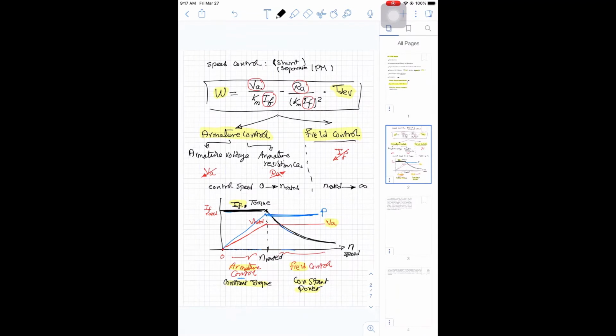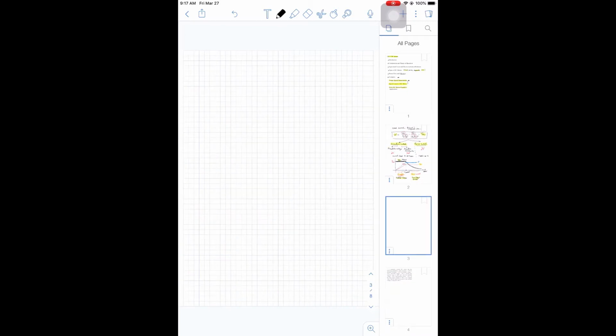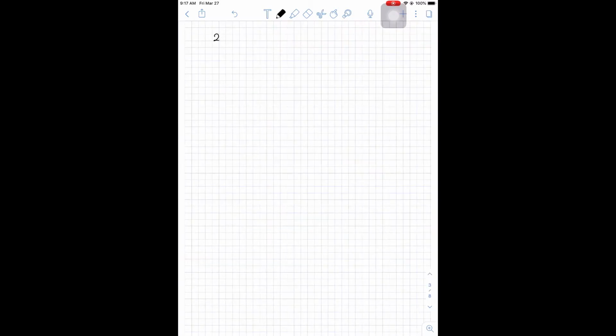Let's add another page here. So if we have a 200 volt, 1200 RPM motor, and we want to do speed control, to control the speed from 0 to 1200 RPM, we can do this by controlling the armature voltage V armature from 0 to 200 volt.